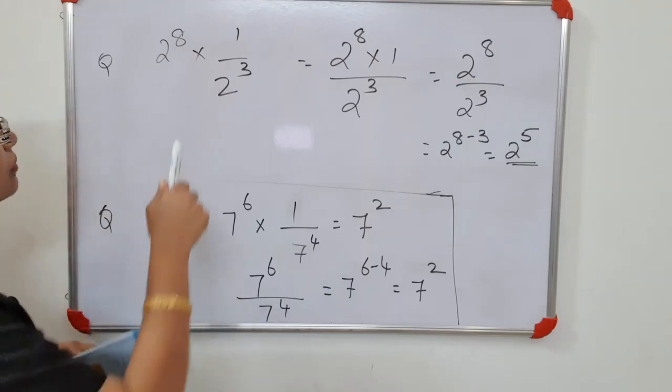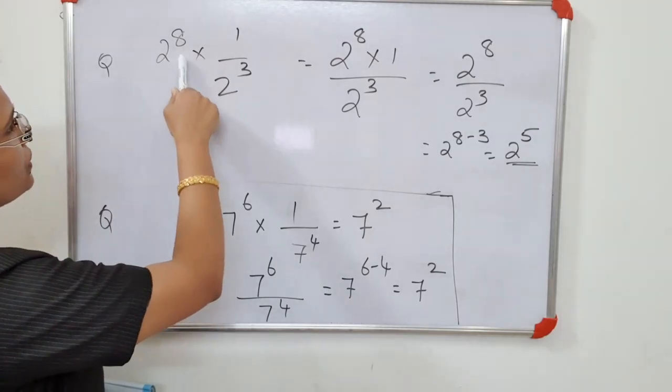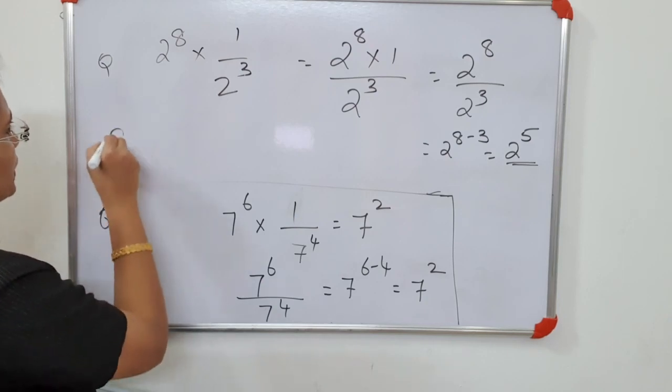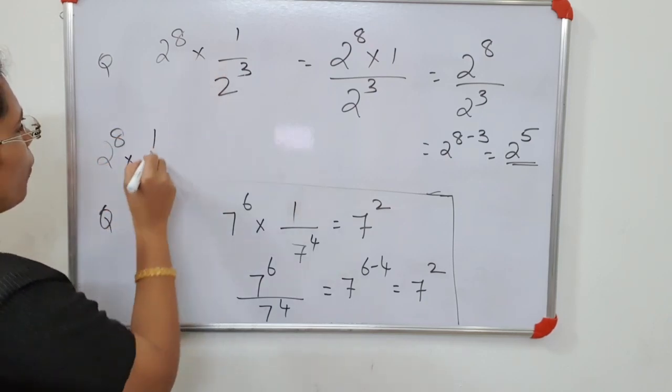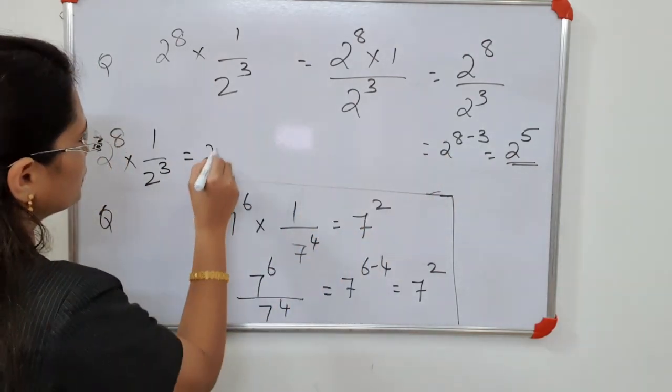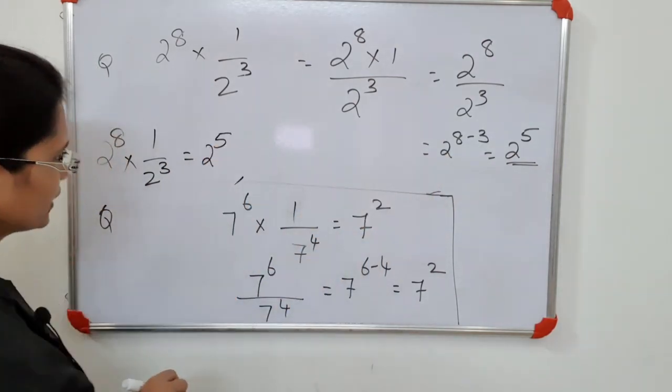So in this, we got that 2 raised to 8 into 1 by 2 cube is equal to 2 raised to 5, right?